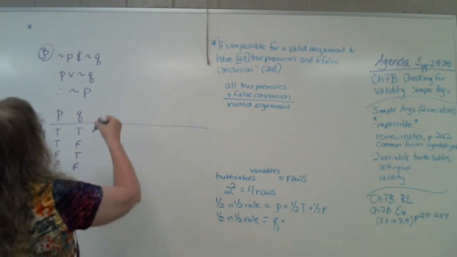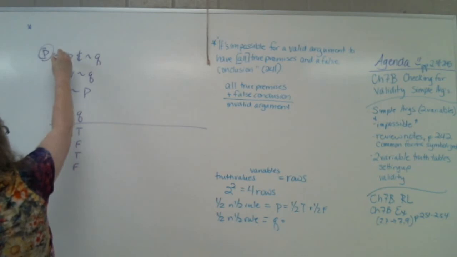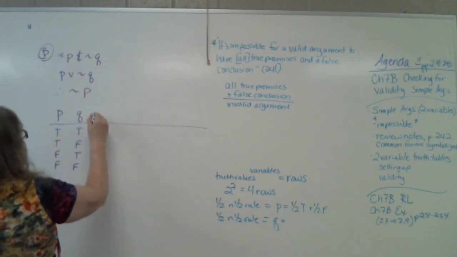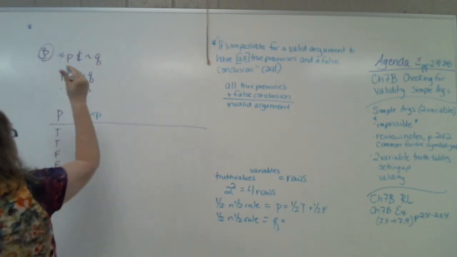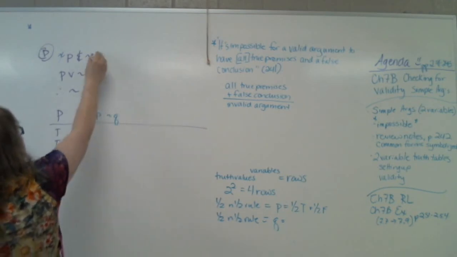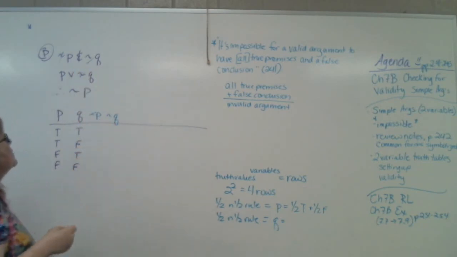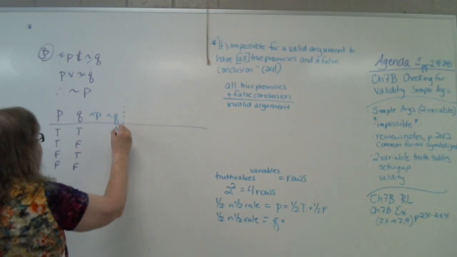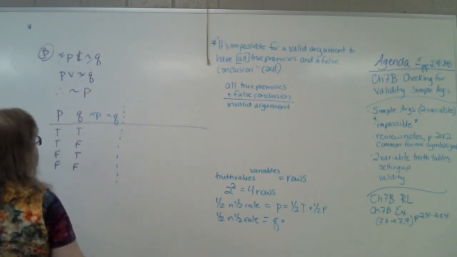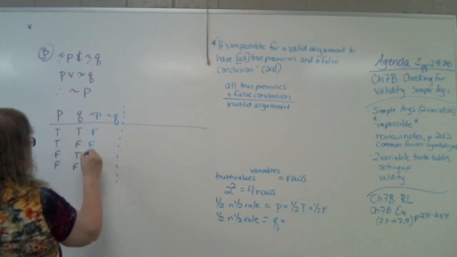So this one has three symbols. I'm going to do a not P here, which gets rid of that one, and a not Q, which gets rid of that one. On the second one, I already have my not Q, so there we go. This is my guide this time, these four columns. Again, we know that the nots are opposite day.